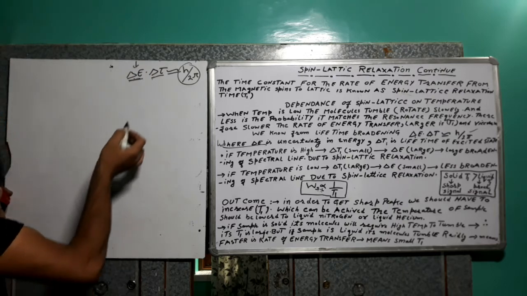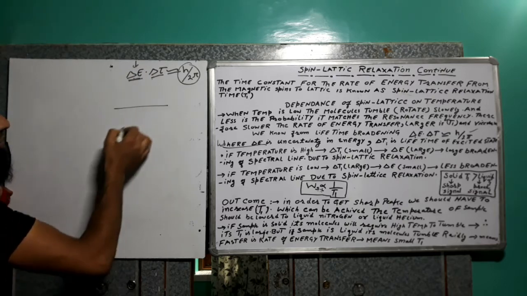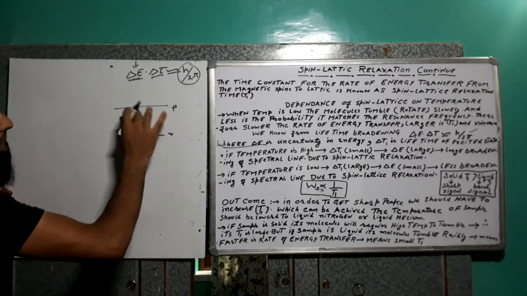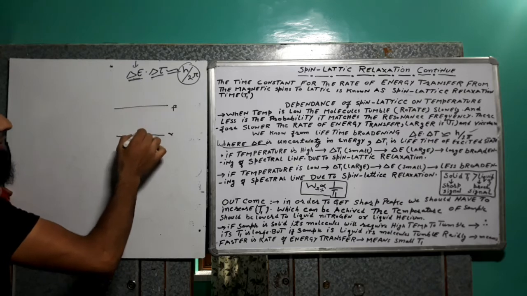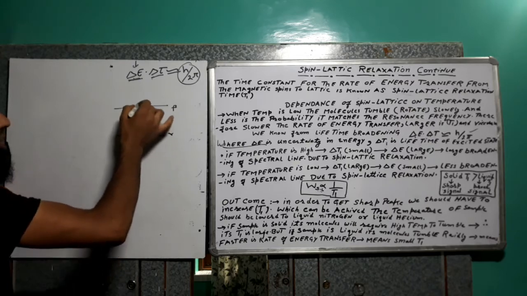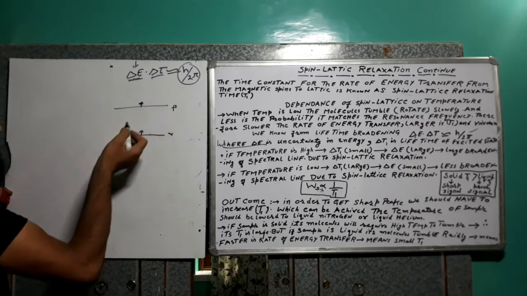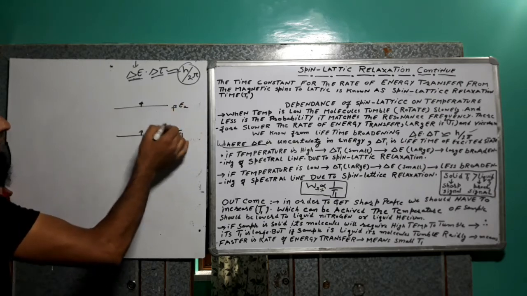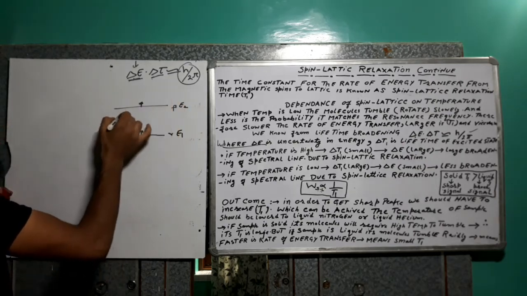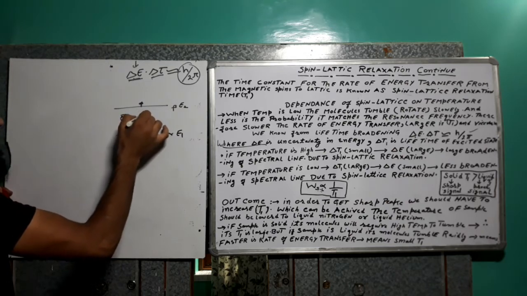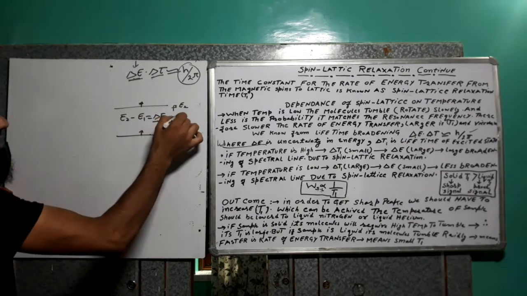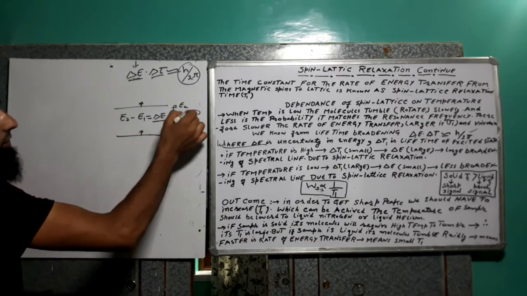Now, try to understand. Suppose these are two energy levels, alpha and beta. How much energy will the spin state absorb to go from this state to this state? It equals the energy of this state minus the energy of this one, that is E2 minus E1, equal to ΔE. This ΔE is equal to hν, where ν is the frequency.